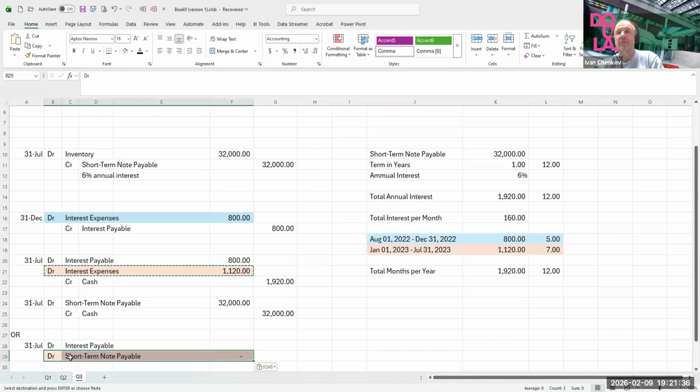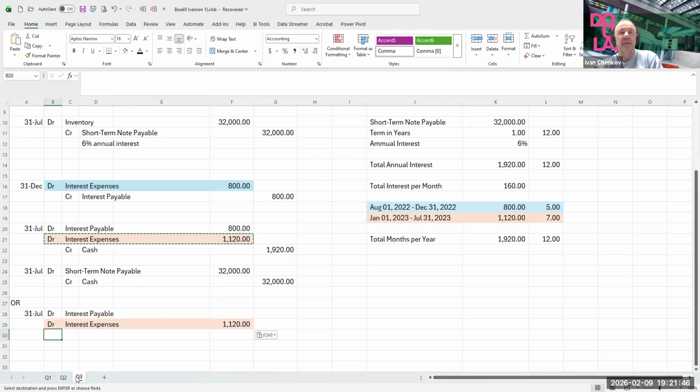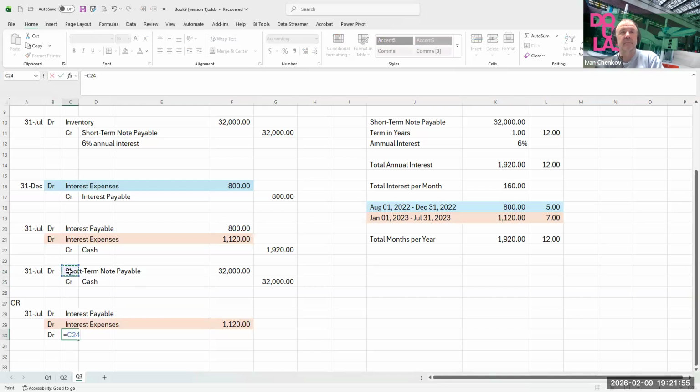Second, interest expense. Next one is debit short-term note payable, and I'm gonna plug the numbers. So from this entry, I'm gonna get the interest payable, 800.